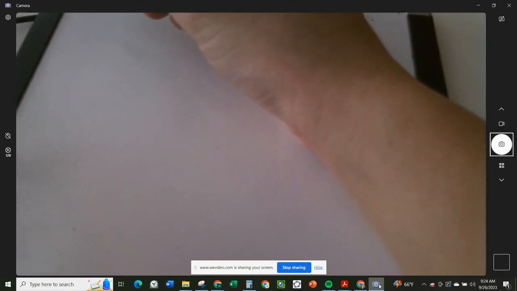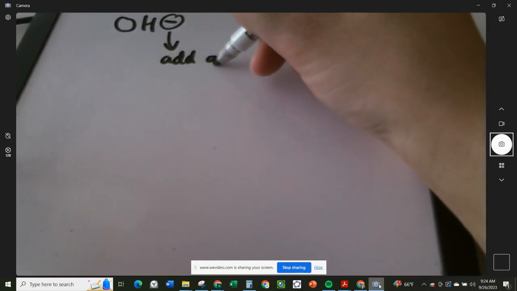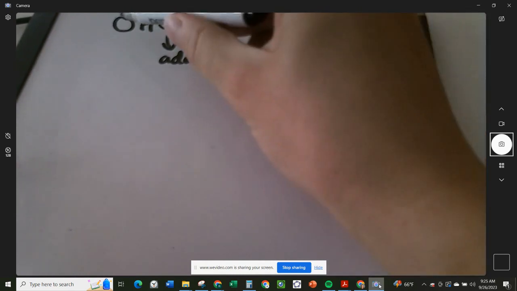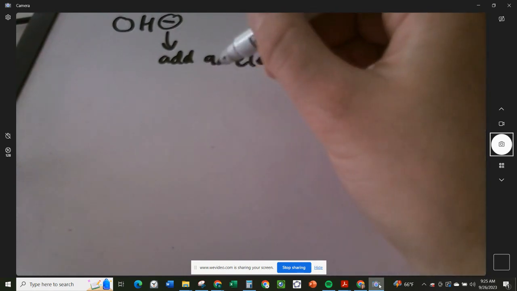If we see this minus charge, that tells us to add an electron to our structure, because we have an extra negative charge. Remember, electrons have a negative charge, just a little bit backwards. If we have a negative charge, we're adding an electron.